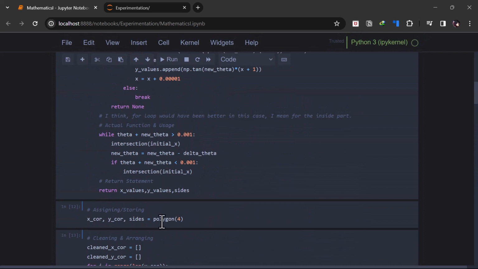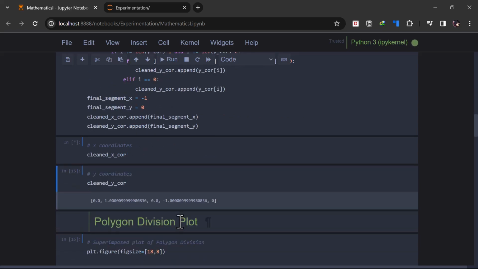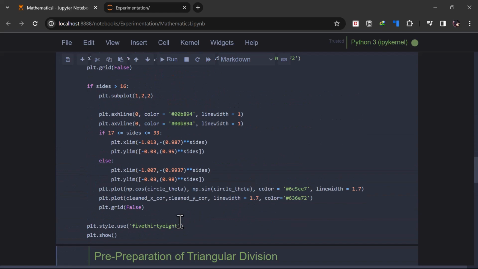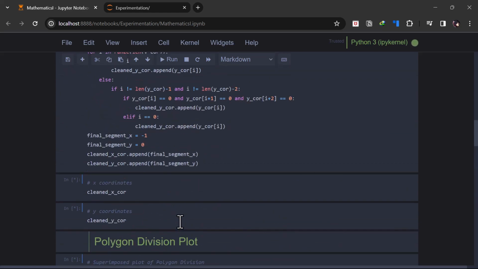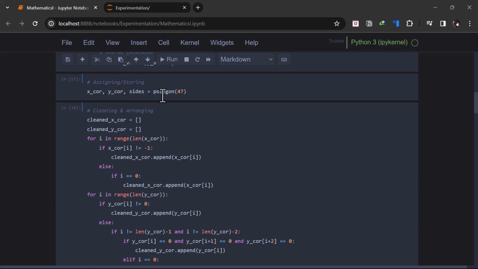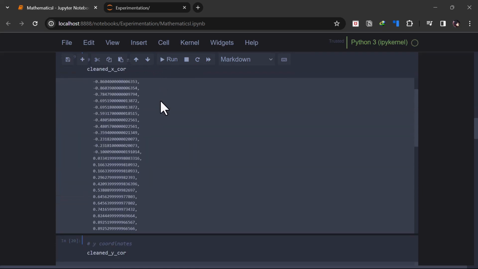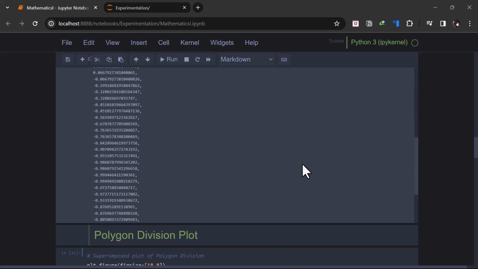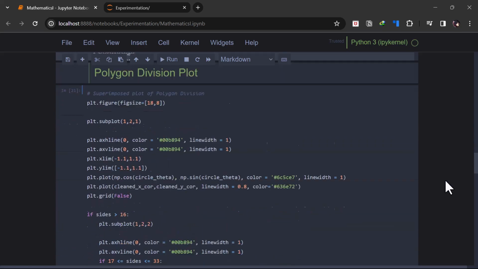If I increase the number of sides to, let's say, 47, let my computer calculate the coordinates. These are all the x coordinates, and these are all the y coordinates. As you can see, the list is very long. So this is what it is.